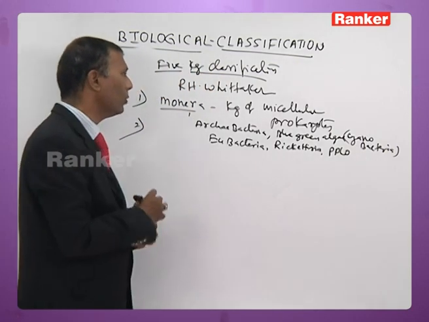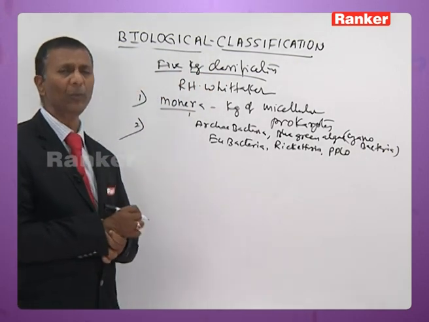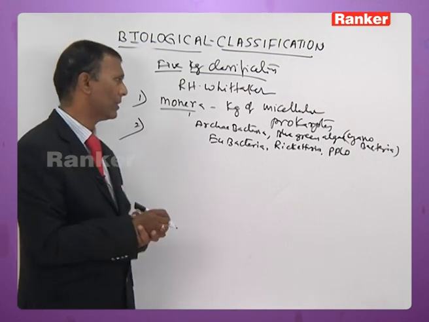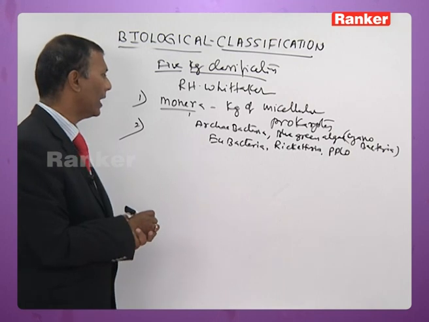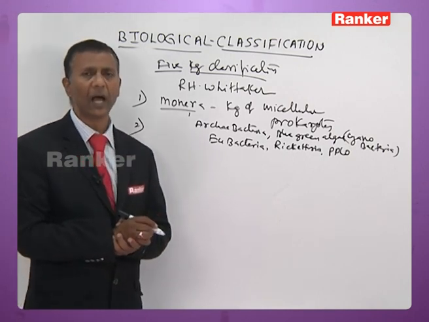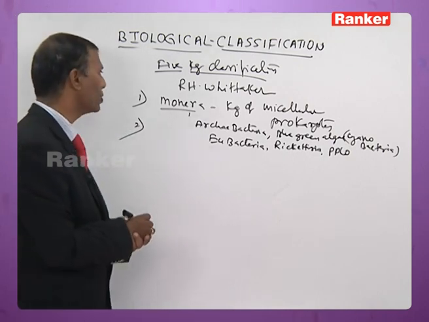So all these belong to Monera. They are all prokaryotes. We shall talk about them in detail later on. So Archaebacteria, Cyanobacteria or blue-green algae, Eubacteria, Rickettsia and PPLO, all of them belong to Monera.